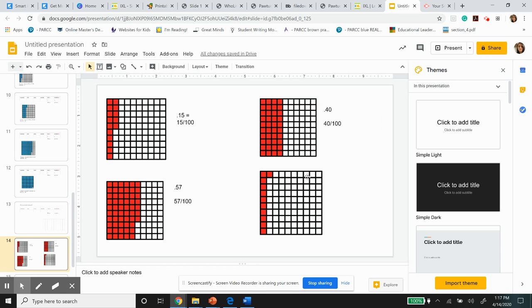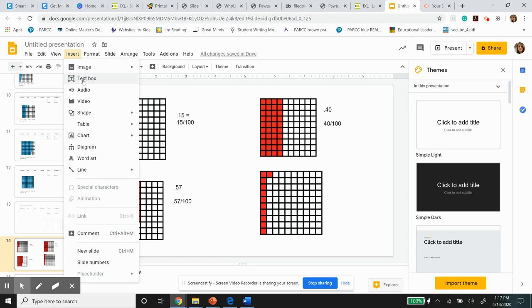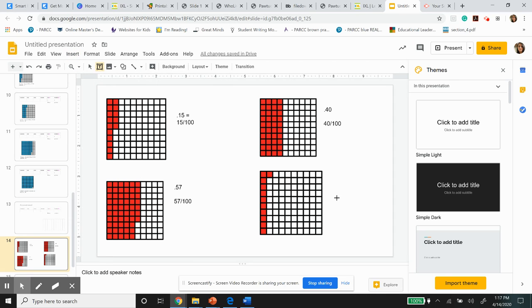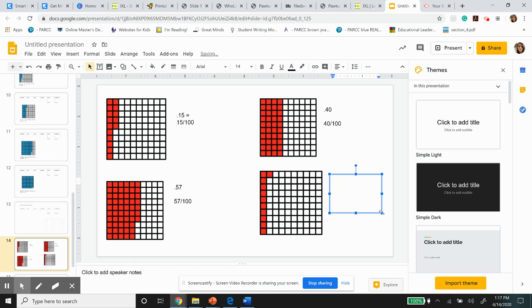Okay, this one, 100 squares. So I see that there's 10 filled up and one more. So what do you think the decimal looks like? 0.11, right? 11 hundredths. 2 spaces for hundredths, or 11 out of 100.